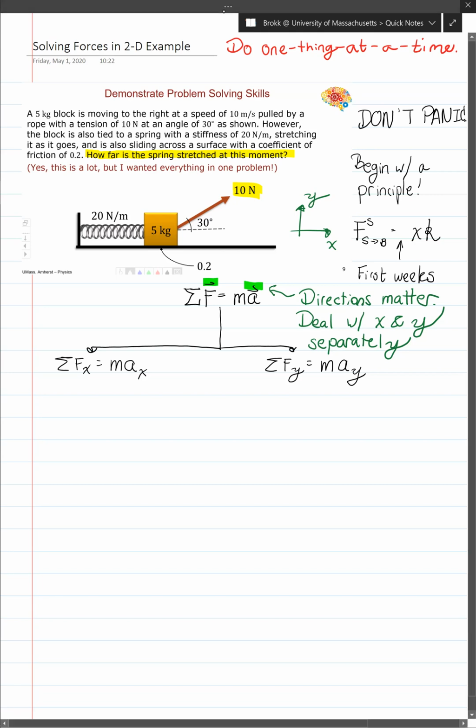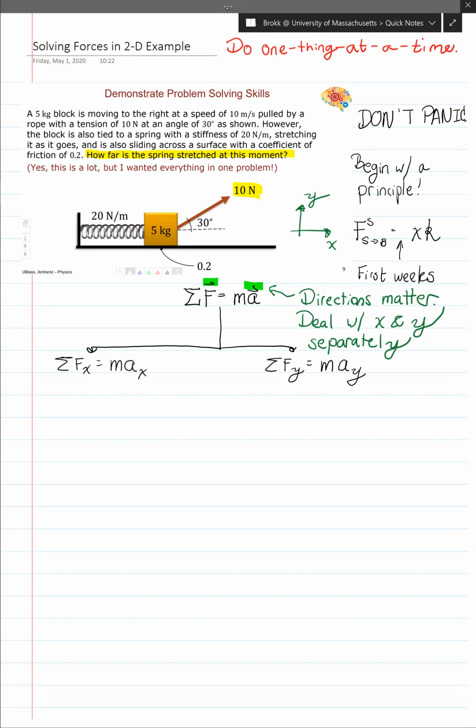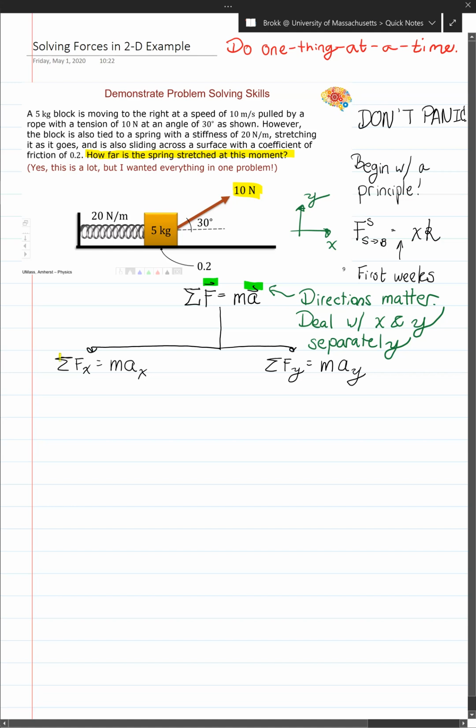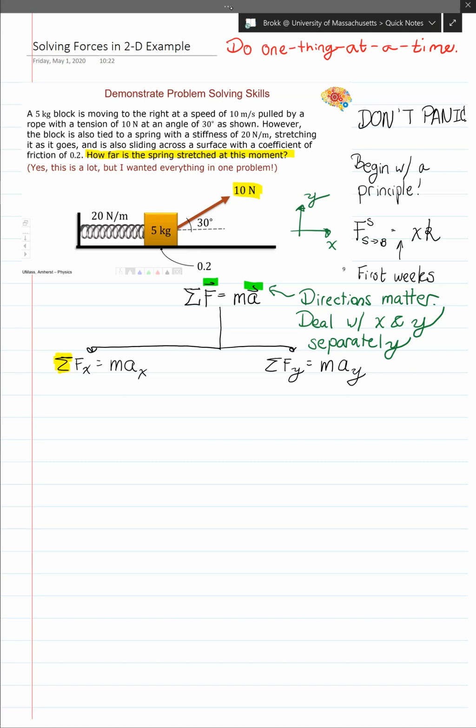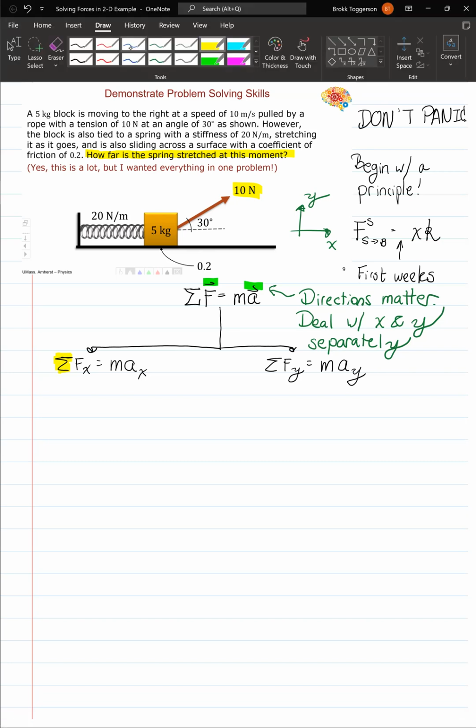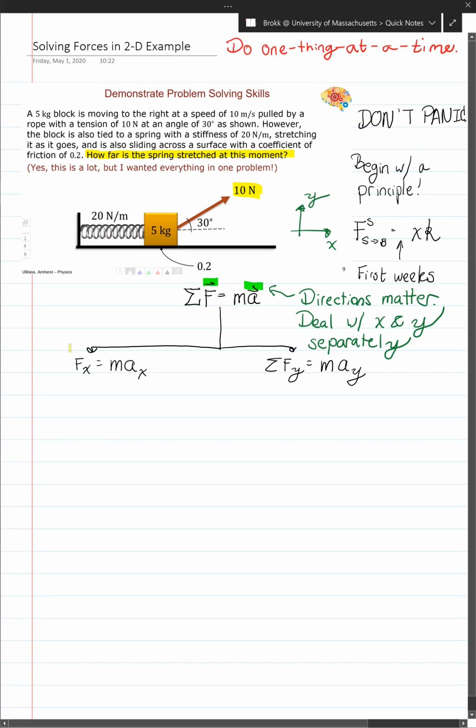So let's choose something to do and just focus on that. I'm going to choose to deal with the sum here. So what does the sum tell us to do?